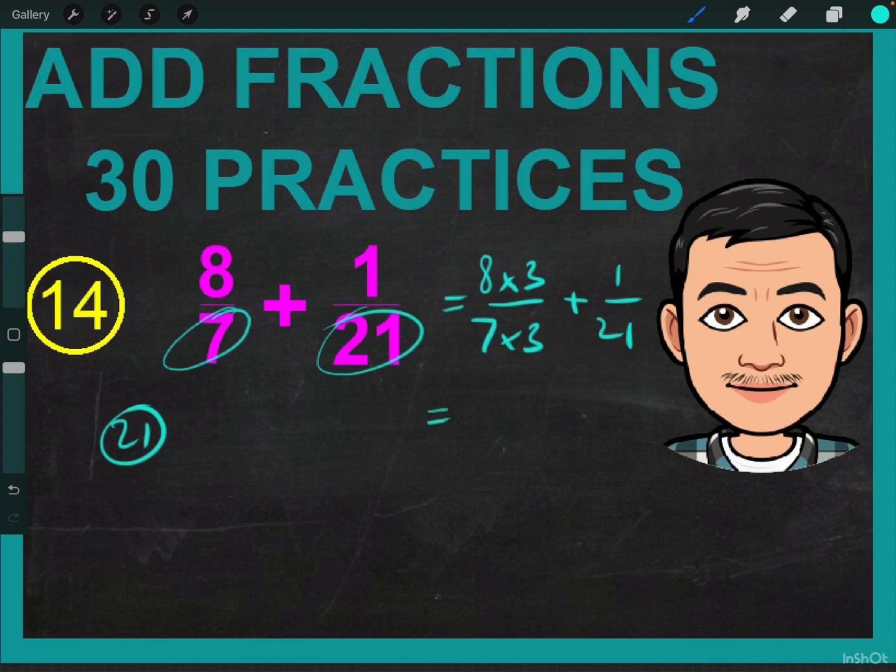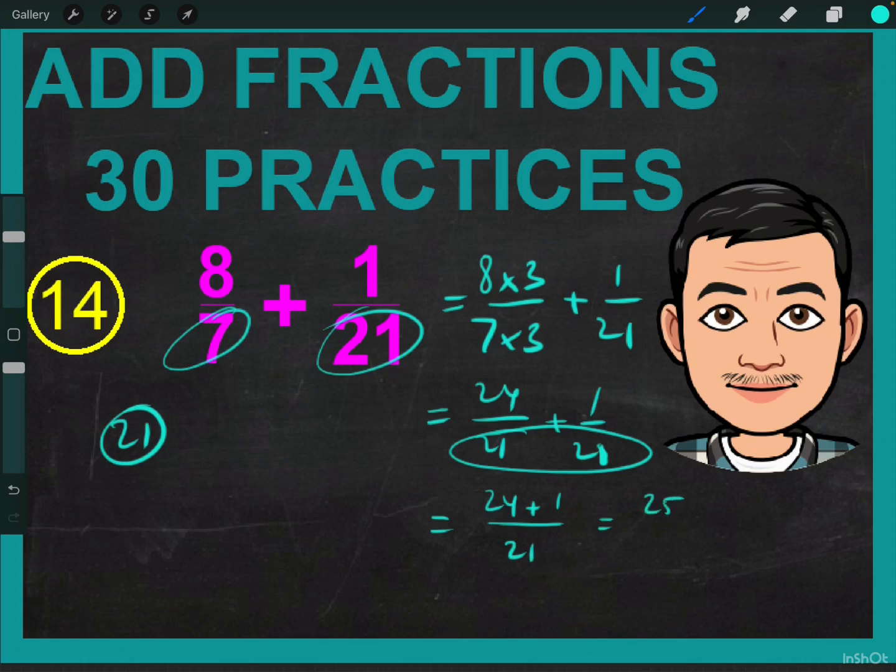So we get 8 times 3 is 24 over 21 plus 1 over 21. Now the two fractions have the same denominator, all we need to do is add the two numerators. 24 add 1 over 21 equals 25 over 21. That's the answer.